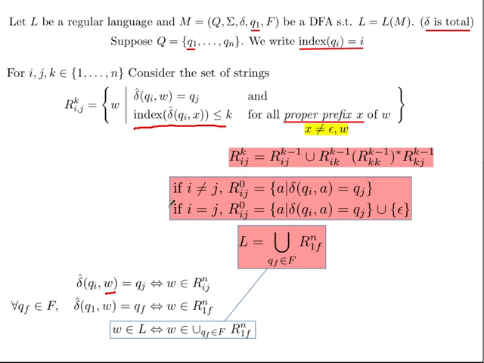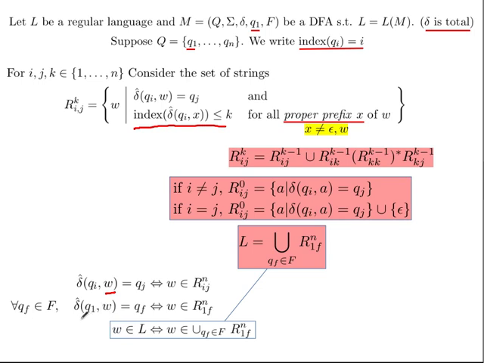And what are the strings that are accepted? A string is accepted if you start from the starting state, which in our case is q1, and you end up in some final state. So if this qf is in F, your set of final states, and starting from q1 you can reach this qf using w, then this w is in your language, right?